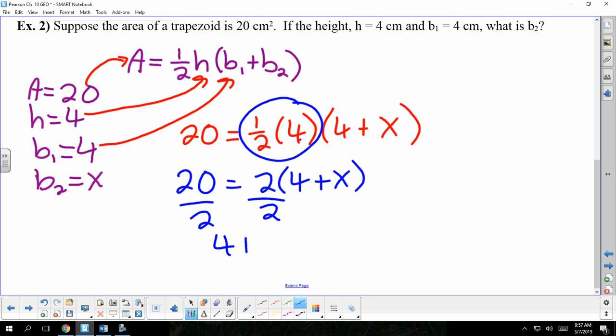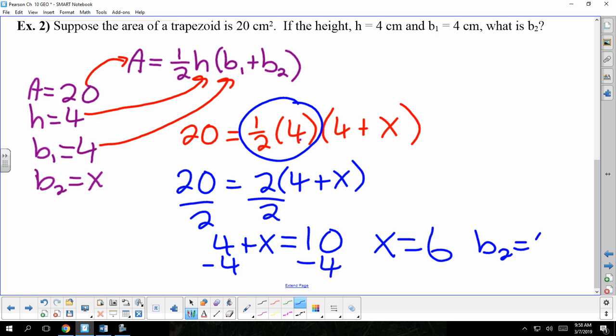And I get 4 plus x equals 10. And then subtract 4 from both sides. And I get x equals 6. So B2 equals 6. Fairly easy, just a short algebra equation to solve.